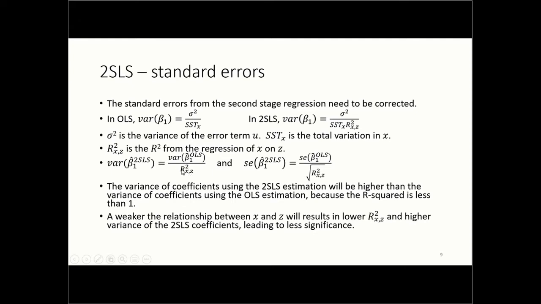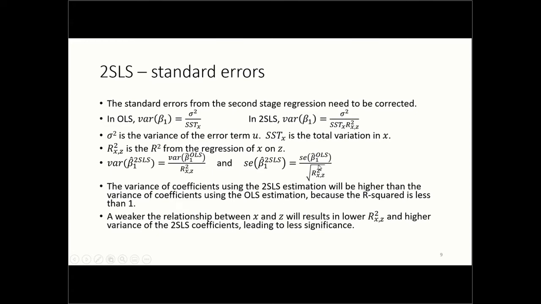If we take the square root of that, the square root of the variance is the standard error, and then we have the square root of the r squared. So now we have an expression for how the standard errors of the two-stage least squares coefficients are related to the standard errors of the OLS.